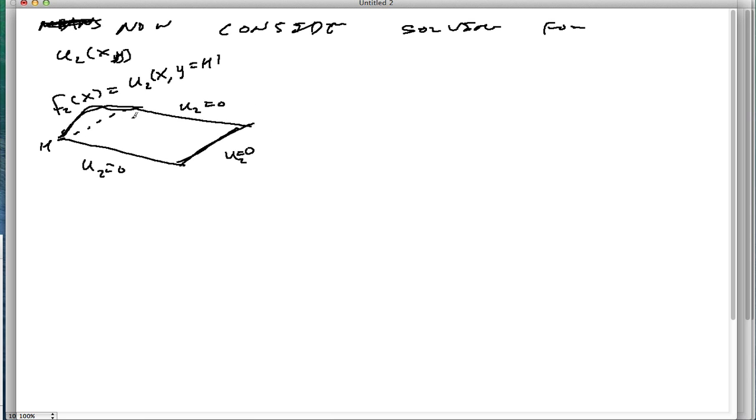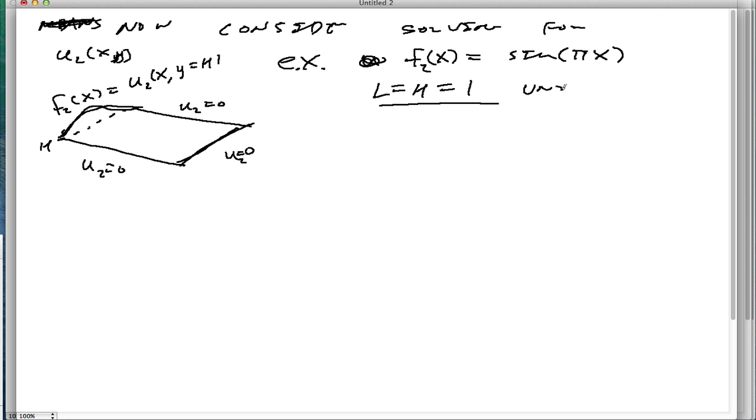All right, so how do we find this solution? We're going to do an example, f2 of x equal to sine pi x. And we're going to consider the special case of L equals h equals 1. So the unit square.